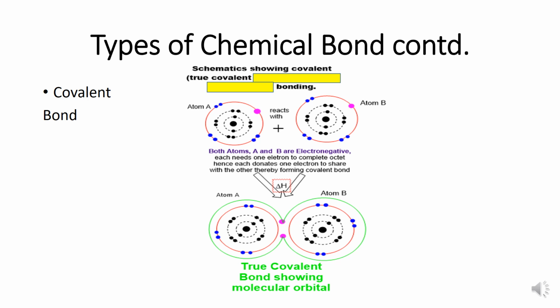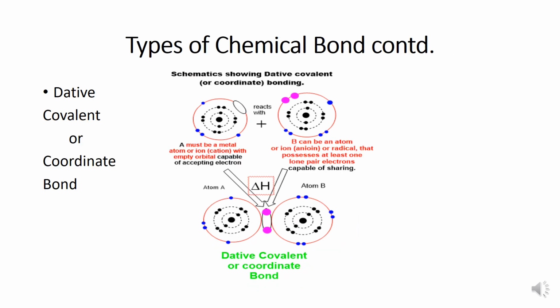So in this schematic, you can see that one brings the red and the other the red or purple, you call it, electron, and they share to form a molecular orbital. At this point, you are talking about a covalent bond, the dative covalent and or the coordinate bond.